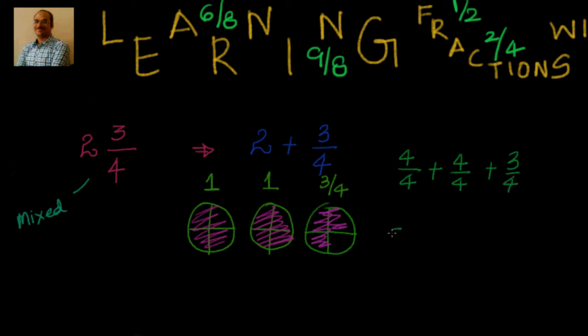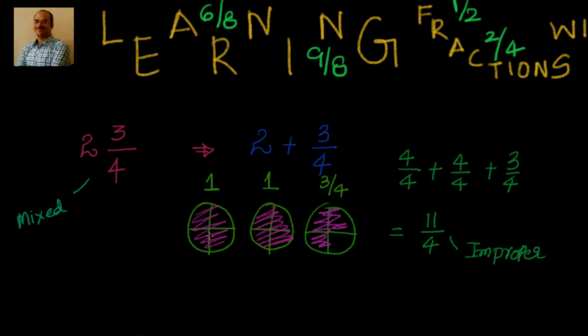Remember, whenever you have the same denominators, you can add the numerators. That means 4 plus 4 is 8, 8 plus 3 is 11, and so the conversion of the mixed fraction into an improper fraction gives the value 11 by 4.